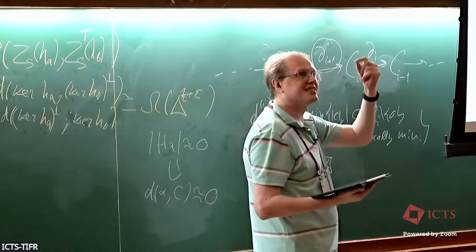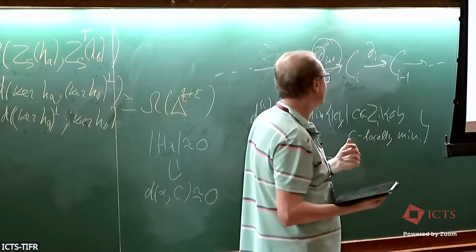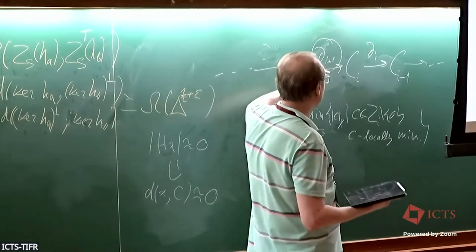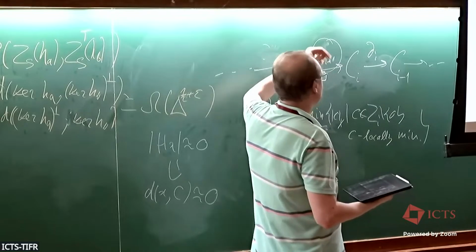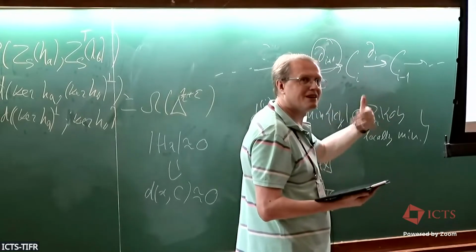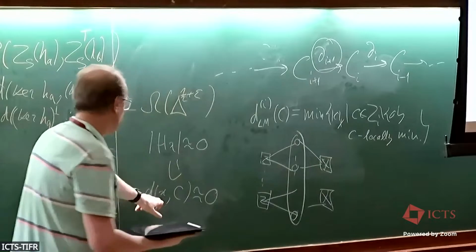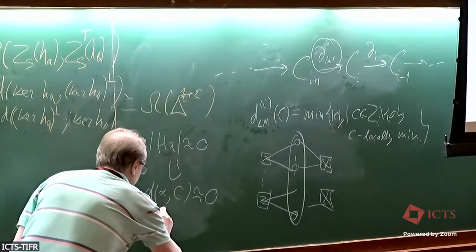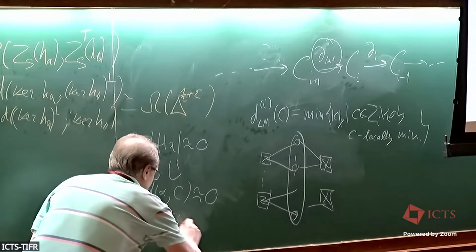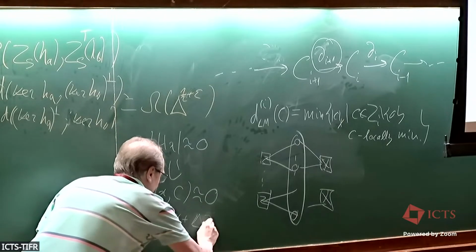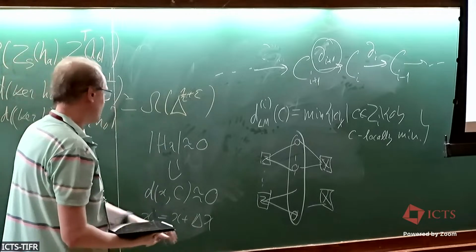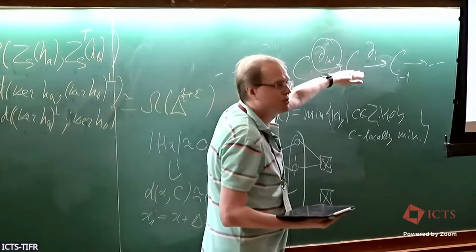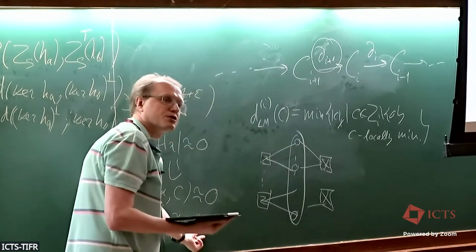Since it's a local update, each time we just consider x plus delta x, where this delta x corresponds to the local boundary that we add, and this delta x is of constant size.